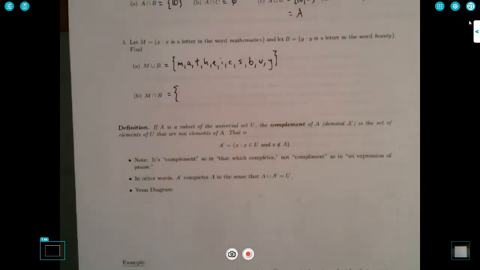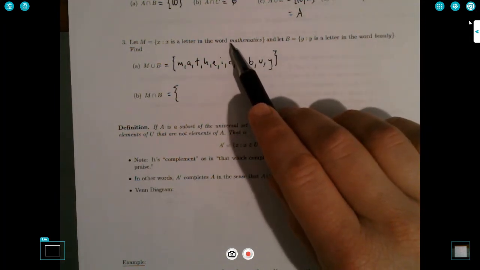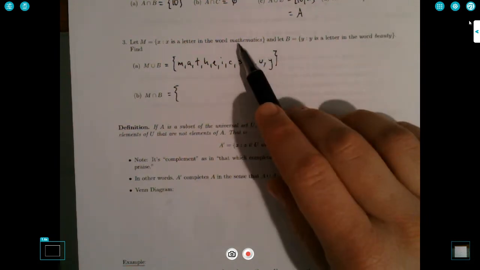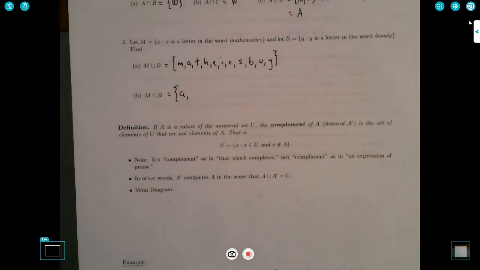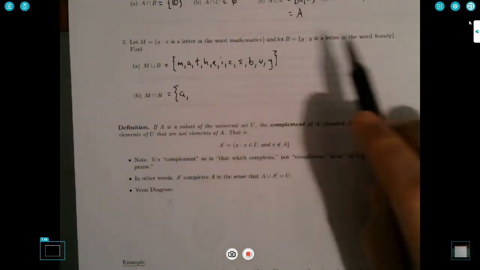What about M intersect B? Now this time we're not just combining them. We're not just throwing them all together. We are trying to see what they have in common, right? So math has an M in it, but beauty doesn't. Math has an A in it, and so does beauty, so A is in the intersection. Math has a T in it, and so does beauty, so T is in the intersection.